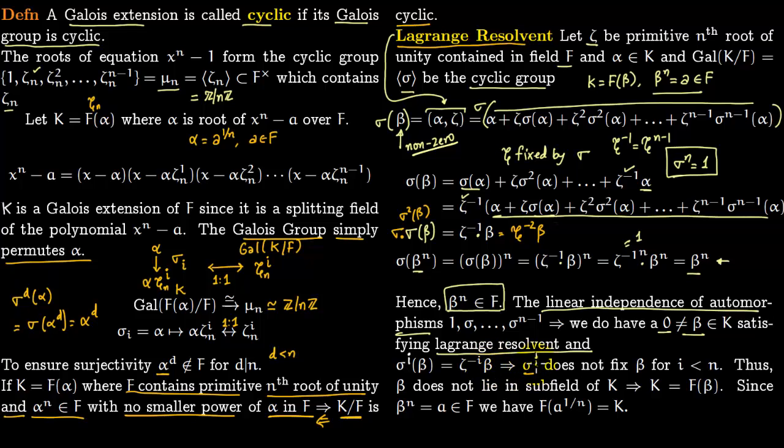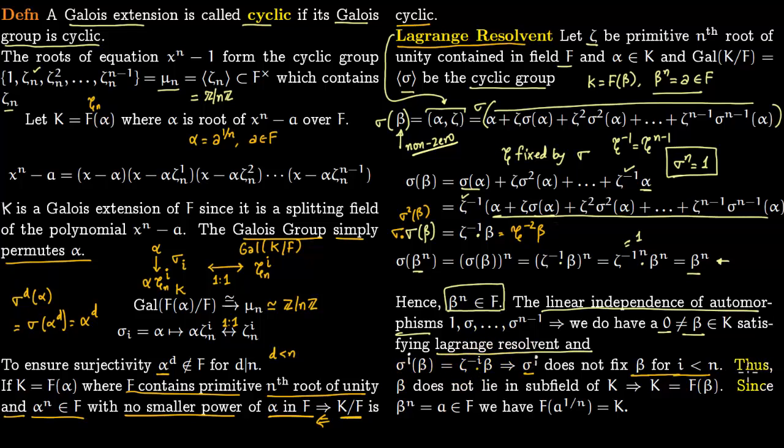So sigma to the power of i does not fix beta for any i less than n. You keep on applying all of them, they will not fix beta, because each of these zeta to the power of minus i is unique for every i less than n. You can see all of them are unique till n minus 1, and when it is n it becomes 1. So for all i less than n, beta is a constant, but you are multiplying it with a different number, so you keep getting beta in a different mapping.